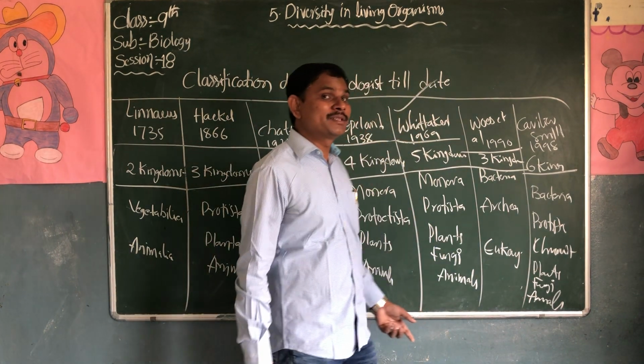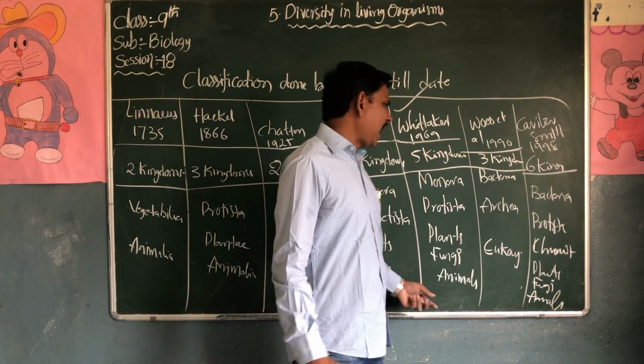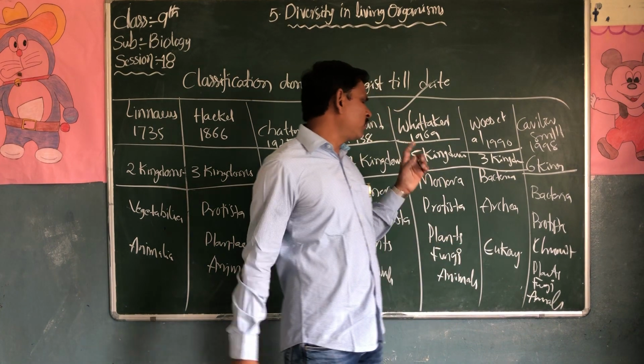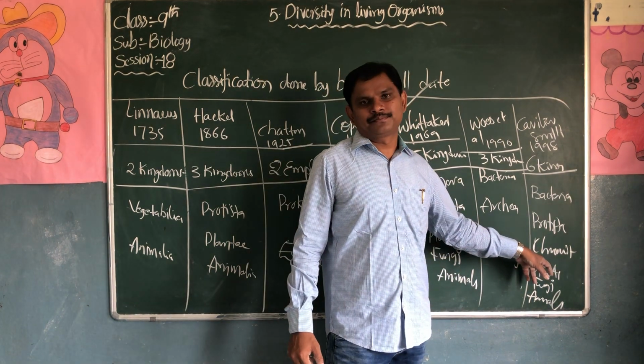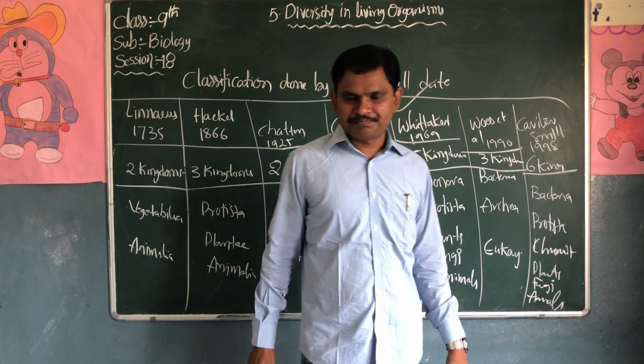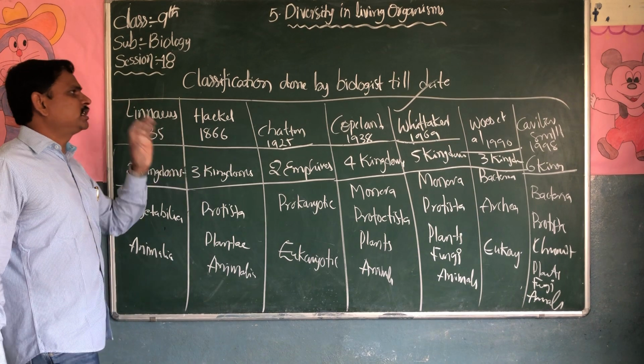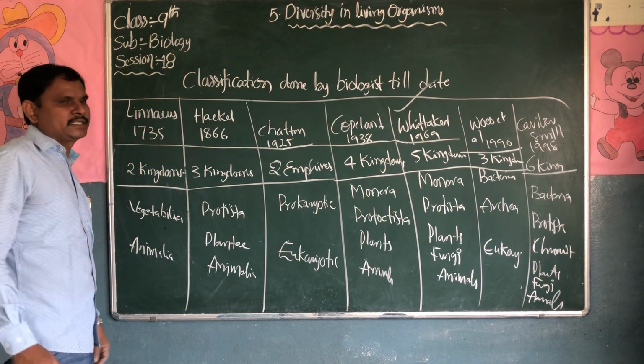He discovered chromist algae. Plants, fungi and animals are already there. Monera is nothing but bacteria. And this is about the classification done by biologists till date.